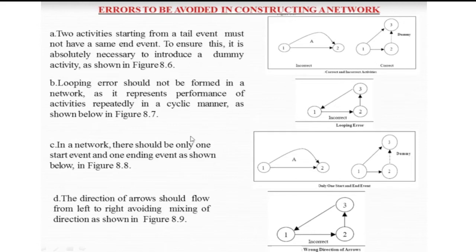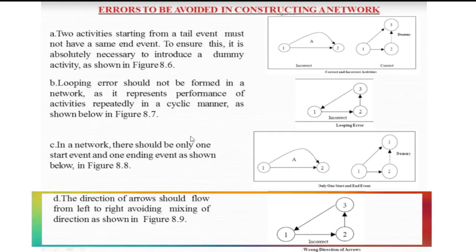And the direction of the arrow should flow from left to right, to avoid mixing of direction as shown. If the direction flow is not from left to right, it will be going back again to the looping error.